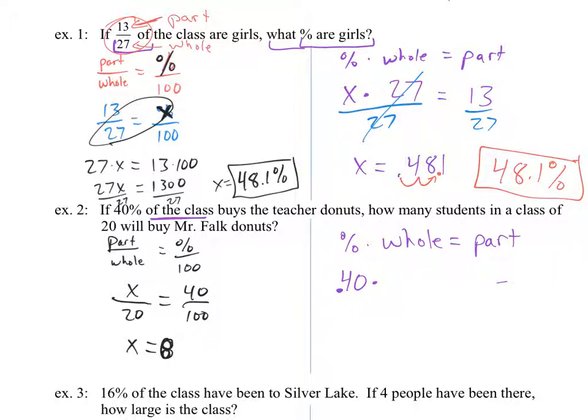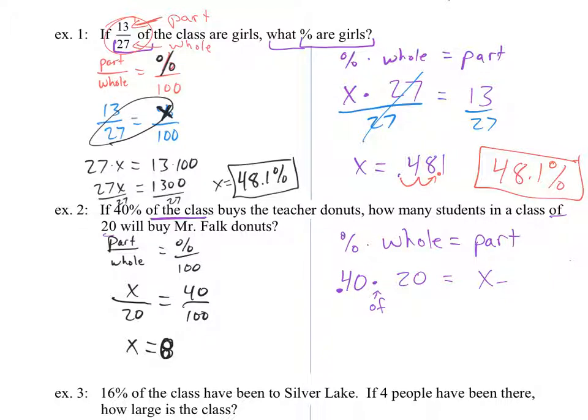How many students in a class of 20? So 40% of the class buys the teacher donuts. How many students in a class of 20 will buy the teacher donuts? 20 is the whole. And you have that of, which is the multiplication, and then the 20. So we're looking for this over here.